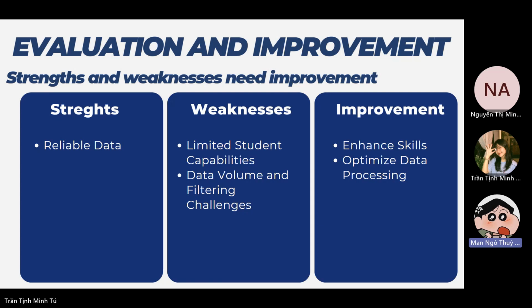This can involve efficient data processing, dimensionality reduction methods, and utilizing distributed computing frameworks to handle large-scale data sets effectively. And by improving data processing efficiency, the overall accuracy of the model can be enhanced.